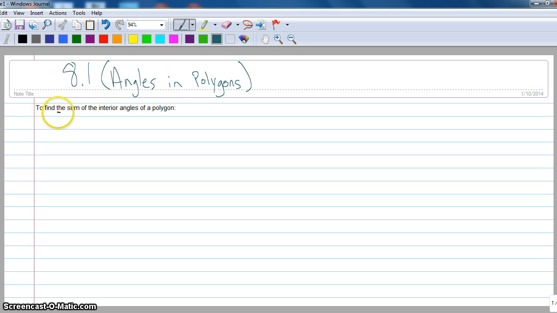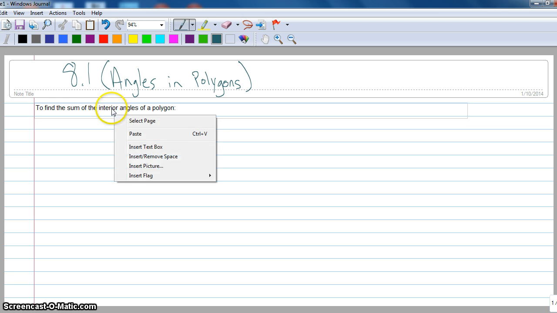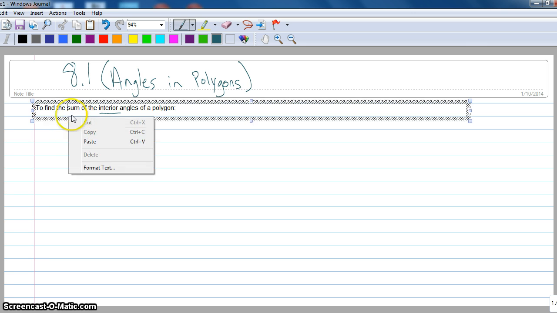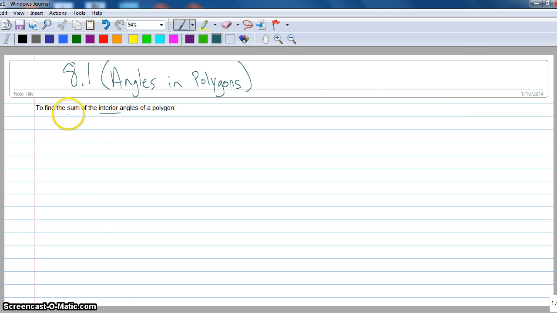Alright, so the first thing we want to do is figure out how to find the sum of the interior angles. Interior is inside, and sum is when you add them all up. So we're going to add all the angles inside a polygon, and we need a formula.